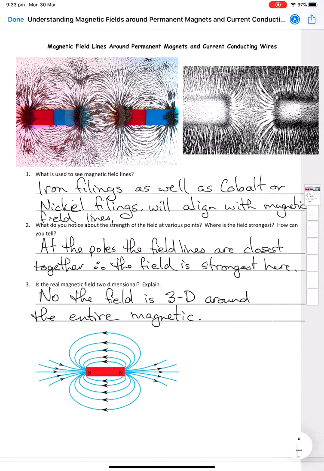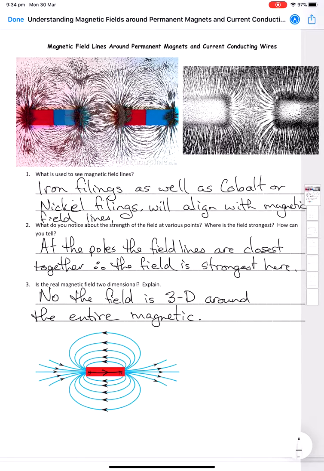All right, now I'd like you to look at the diagram below. This is going to be important for the next question. I want you to notice that inside the magnet, the field is running from south to north. But outside the magnet, it's running from north to south.